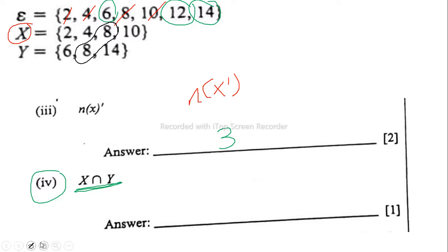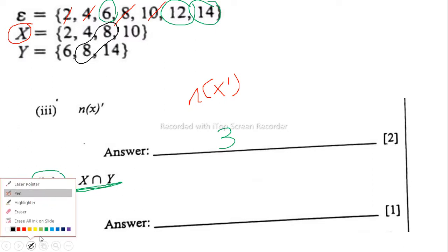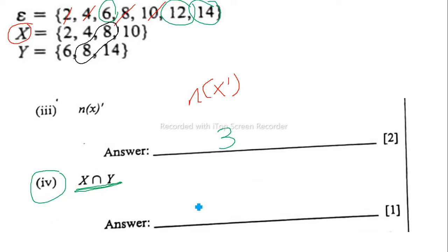Do we put curly brackets? Yes, sir. Even though it's just 1 inside of it, it didn't ask us for the number of elements, it just asked us for the element itself. So it's 8.